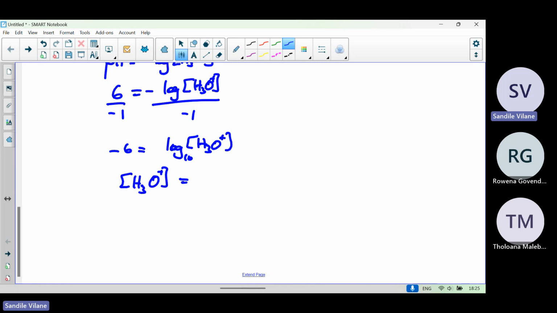So shift log with your calculator, then of -6, the anti-log of -6. Your calculator should give us the answer that says 1 times 10 to the power of -6. This is in moles per cubic decimeter. Please do confirm that with your calculator. Can you guys please confirm that for me?